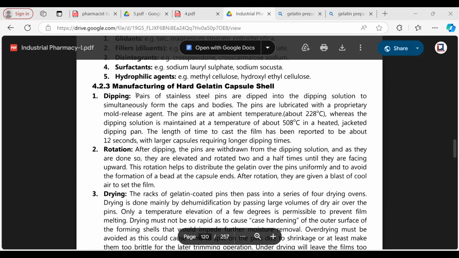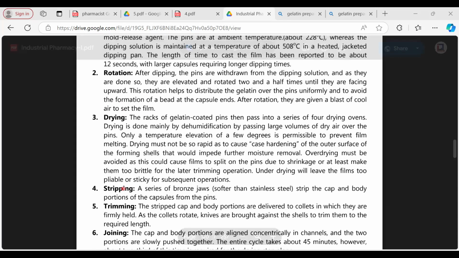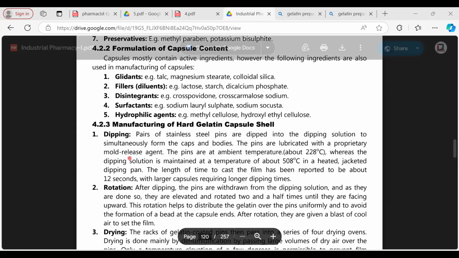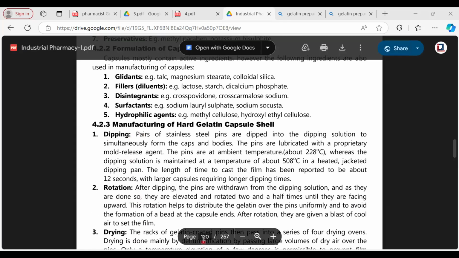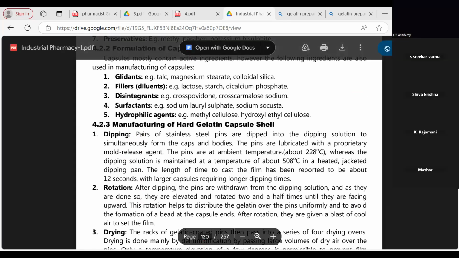So the steps are dipping, rotating, drying, stripping and trimming. In dipping, you are dipping these pins into the container which contains the liquid gelatin.